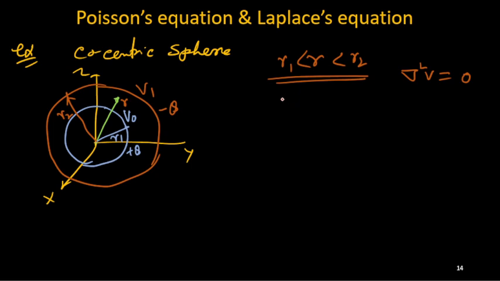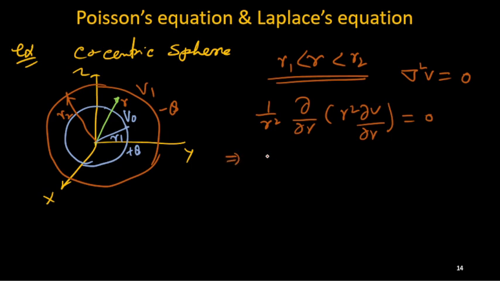So in spherical coordinate systems, what you will get? 1 upon r square del by del r of r square del V del r equals 0. So basically r square del V del r is a constant, k1.